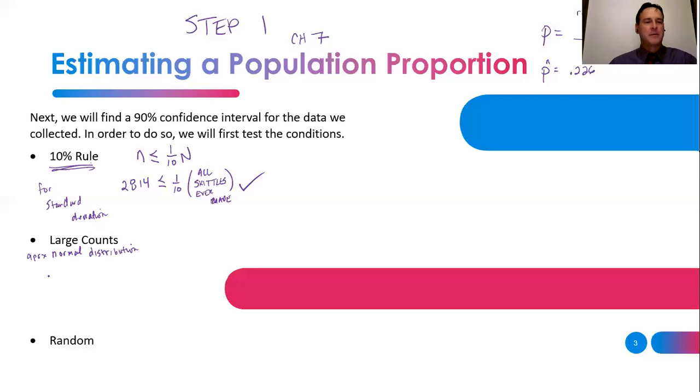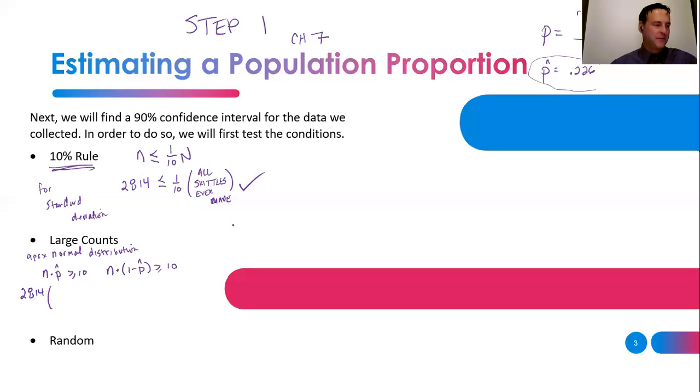So remember that n times p must be greater than or equal to 10, and n times 1 minus p also must be greater than or equal to 10. My n is super huge, 2814. I find that my p hats are more easily represented as a fraction here as opposed to the decimal I wrote up in this top corner.